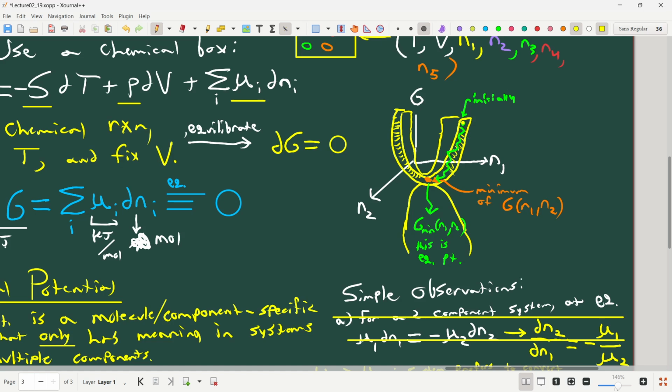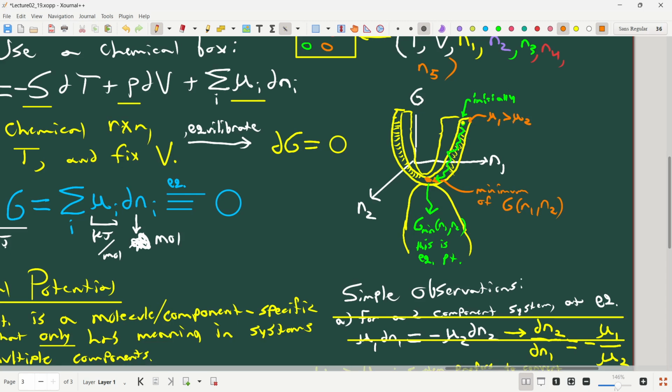And up here we're going to see that it's not equilibrium, we're going to see that the system wants to convert some of N1 into N2. So there's going to be a difference at this point. Let's say, for instance, that at this point, mu1 is greater than mu2.